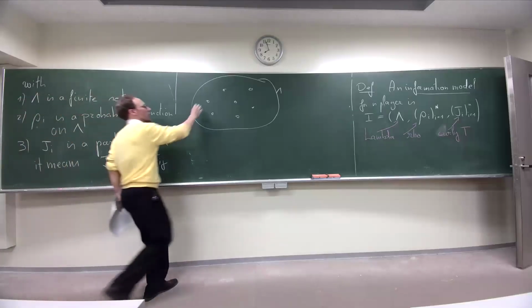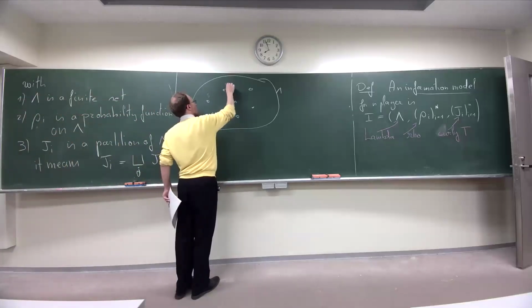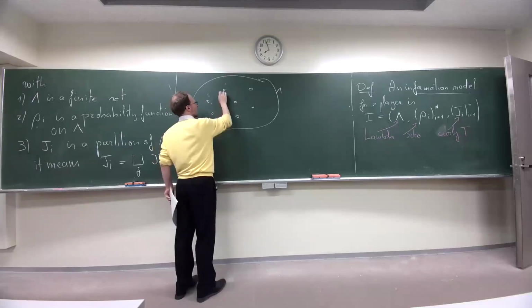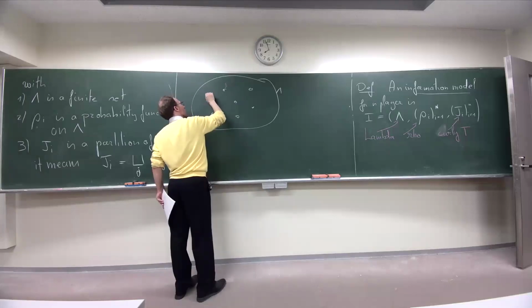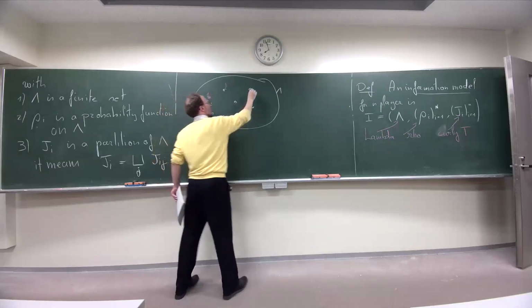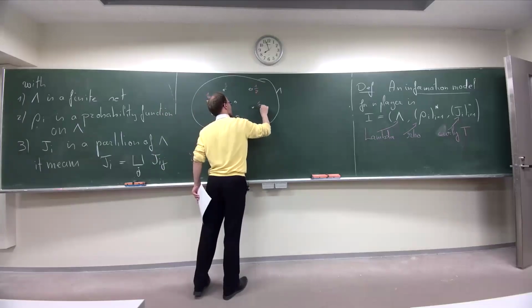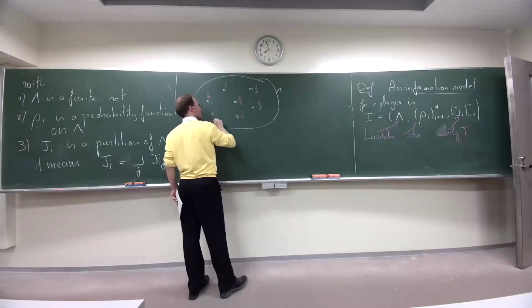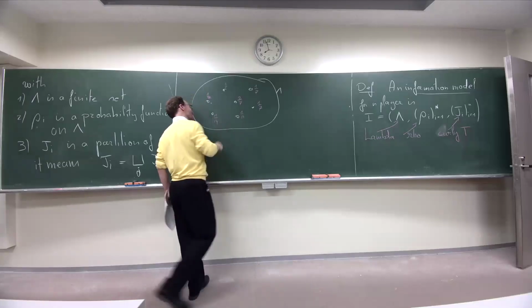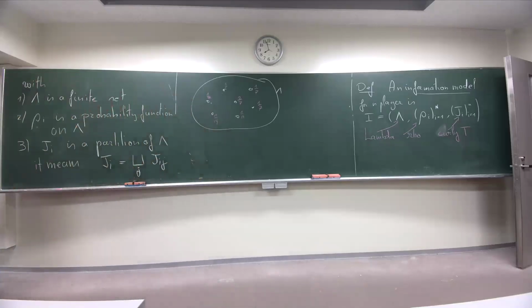So for example, 1 over 7, 1 over 7, 1 over 7, 1 over 7, 2 over 7, and so on. If it doesn't sum up to 1, you correct me. So this is a probability.